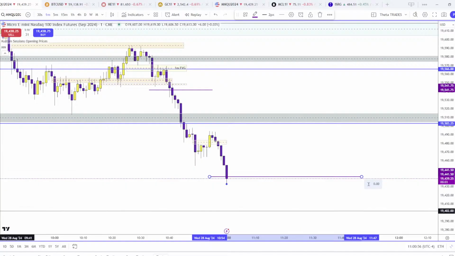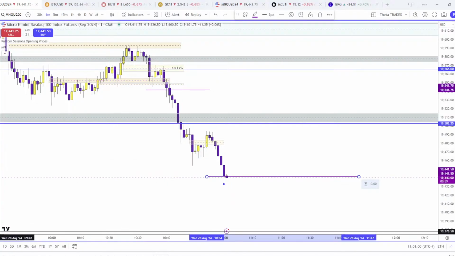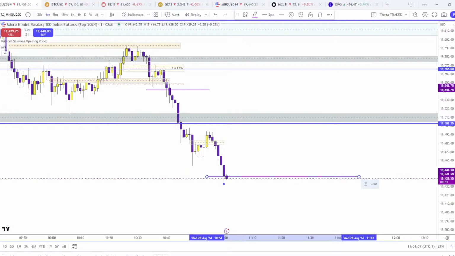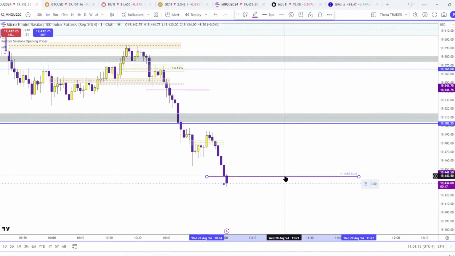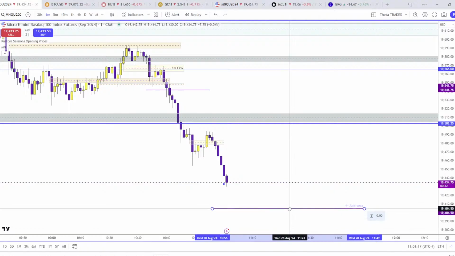Those equal lows have been taken out. So we have a new week opening gap that's sitting right at 405. $405 is our next objective.